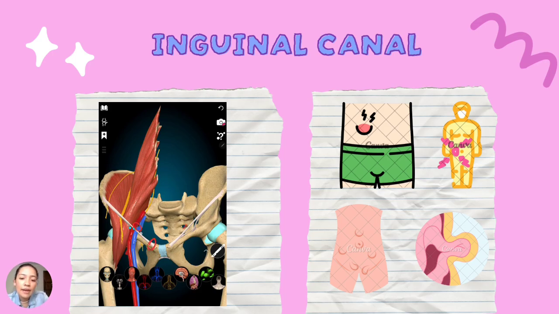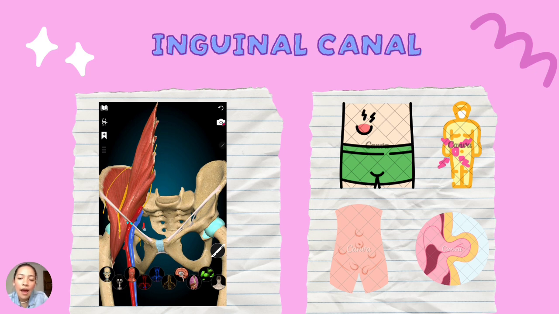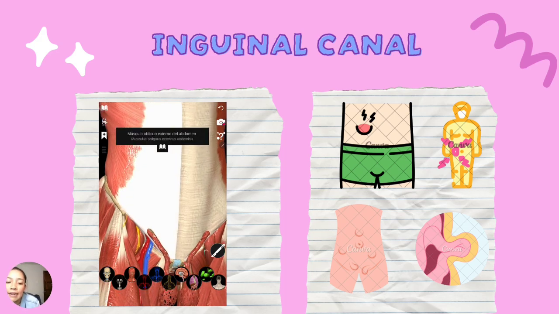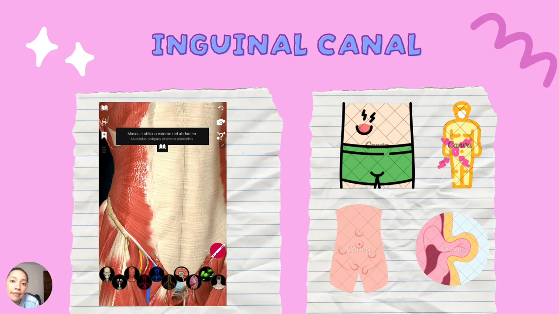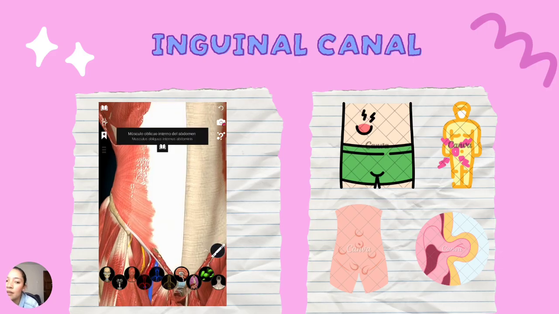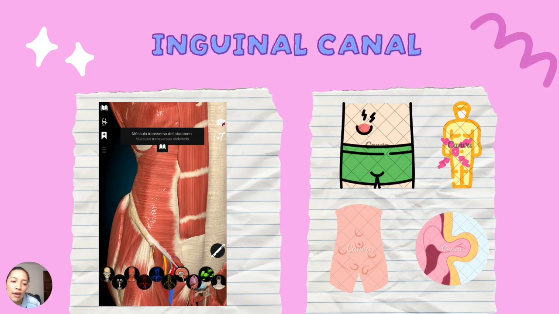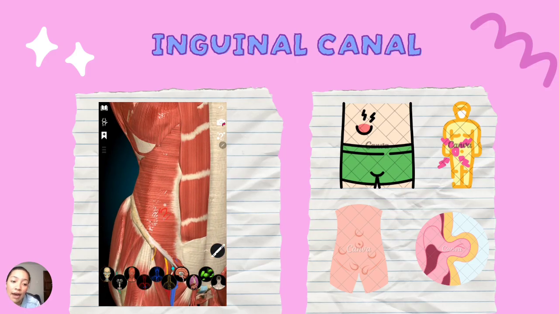It is bounded by the inguinal ligament, the conjoint tendon formed by the internal oblique and transversus abdominis, and the aponeurosis of the external oblique. This is a very important region because it's where inguinal hernias can occur, and they need surgery because it's very important to act at the correct time.